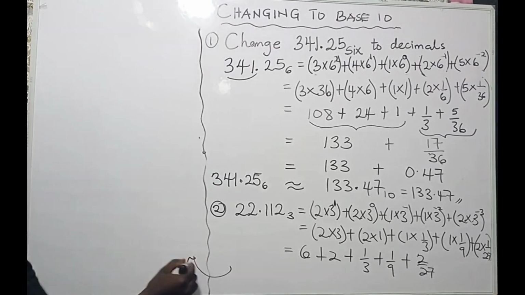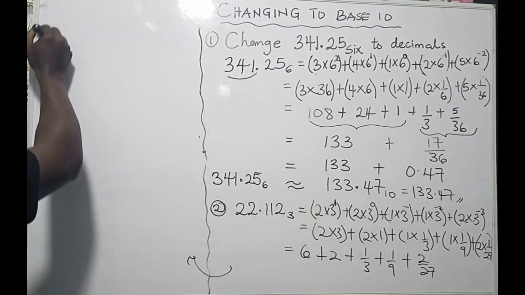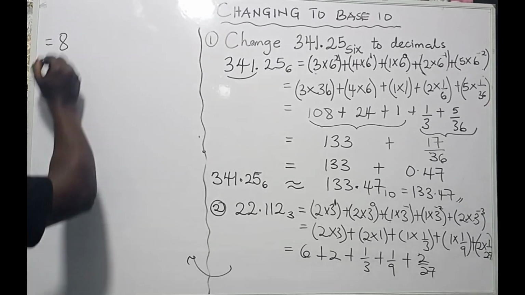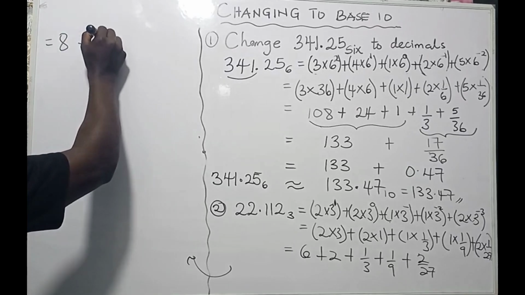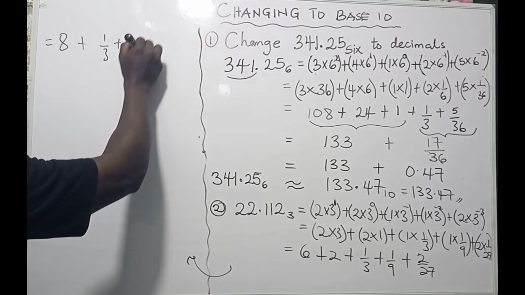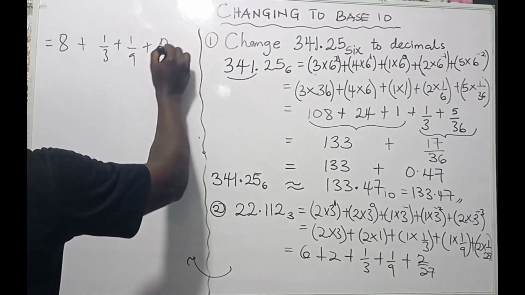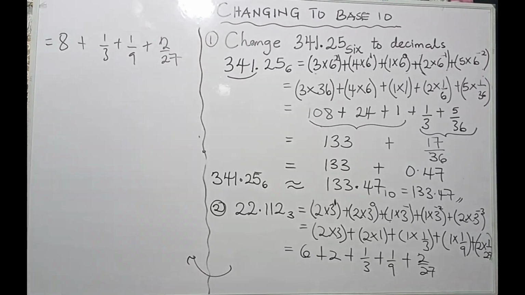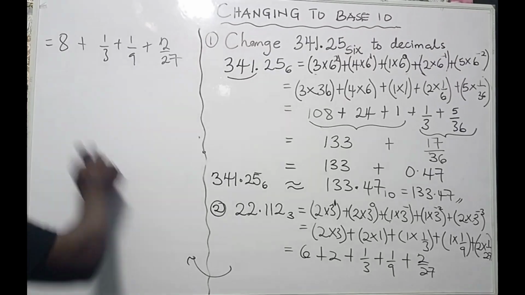Moving to the top here, we are having 6 plus 2, which is 8, plus 1 over 3, plus 1 over 9, plus 2 over 27. That is it. We are done with the whole number part. We've been able to add.